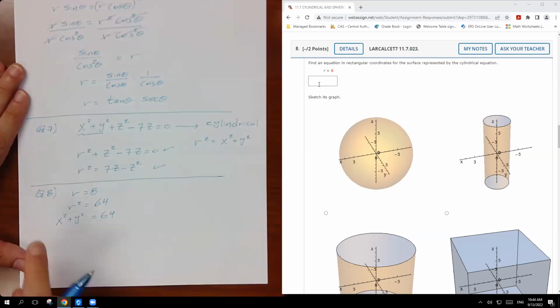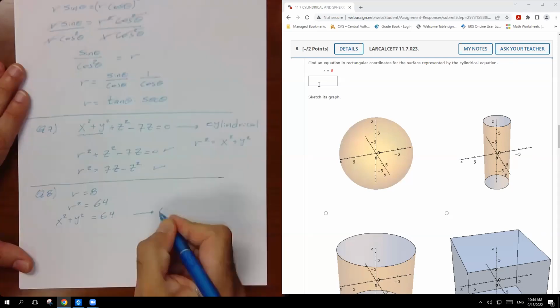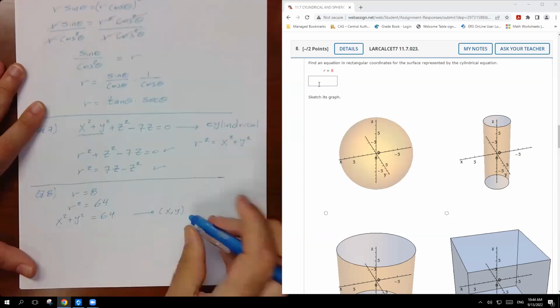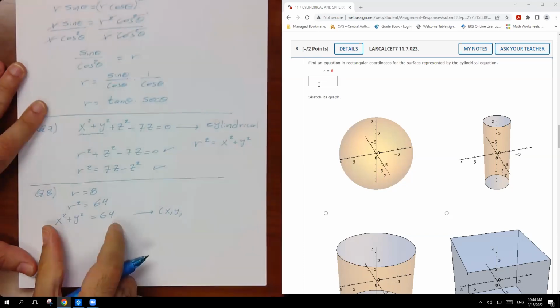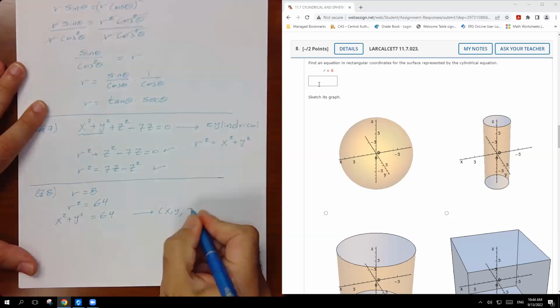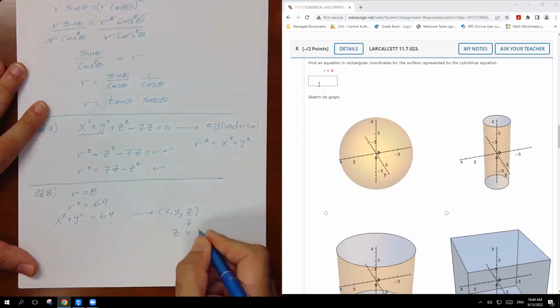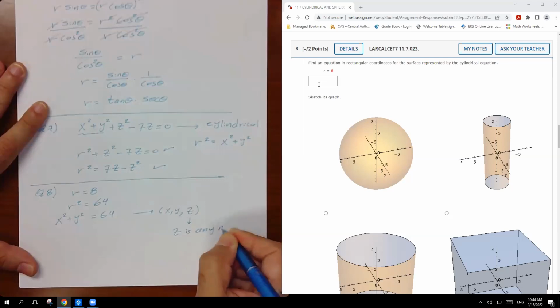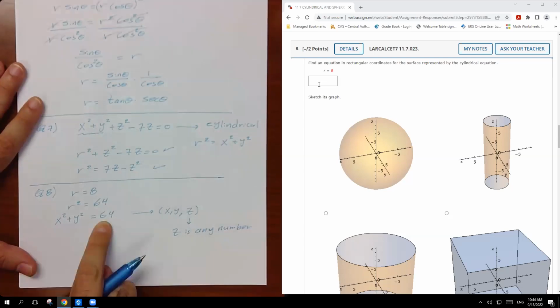So I already know this is a circle, but I need to find a cylinder equation. In this case, I have x and y. I need to find z. We don't have to find z because this is the cylindrical equation, x, y, z. That means we can choose z to be any number. To find the graph: r is 8, the radius is 8, z is any number.